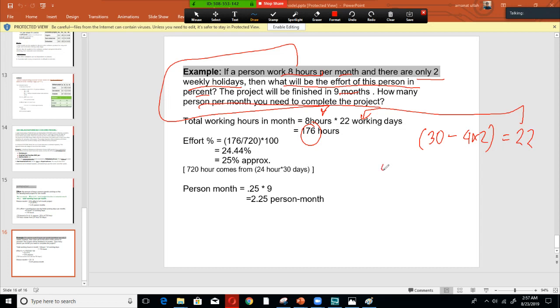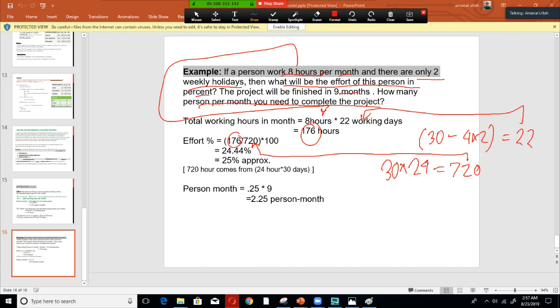But in a month there are 30 days and 24 hours in each day, so 30 into 24 gives us 720. So out of the 720 hours, he works, 176 divided by 720 into 100 gives the percentage of his effort. So his effort is about 25%.